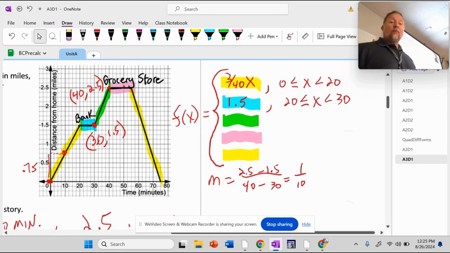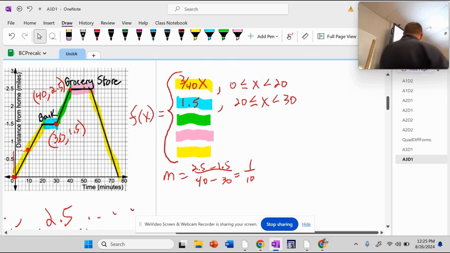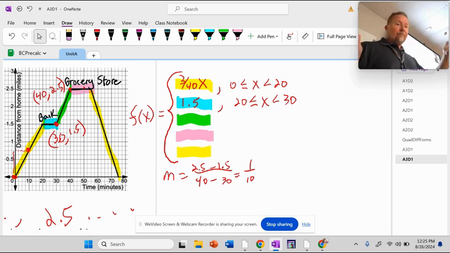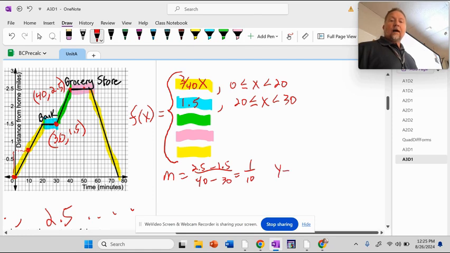And then what I don't have is the y-intercept, so I've got to find the equation of the line. Pick any of the 2 points. I guess it really doesn't matter. I'll just choose the top one. Y minus y1, which is 2.5, equals m. I like this format. X minus x1.